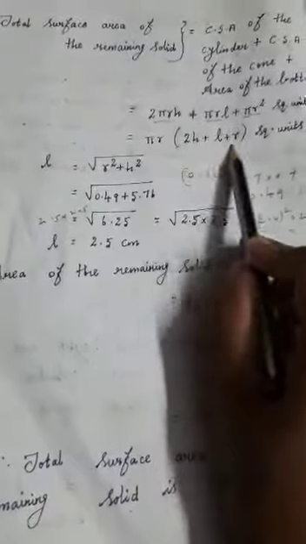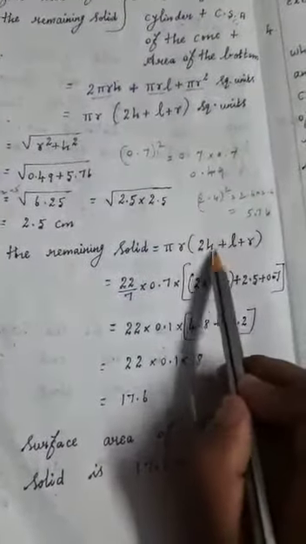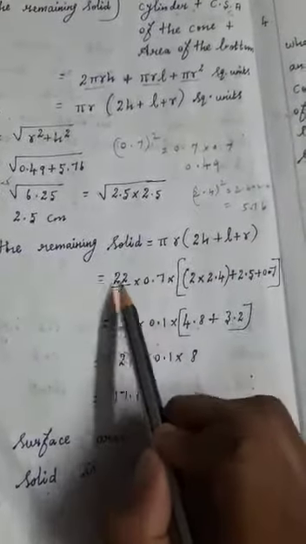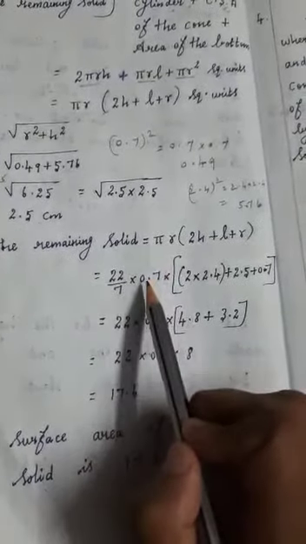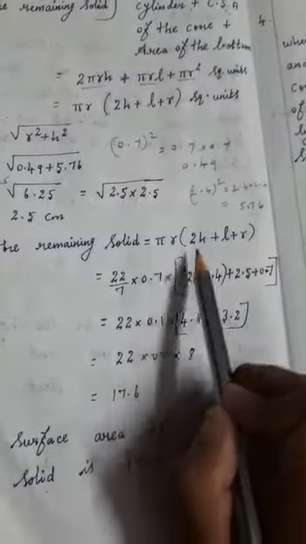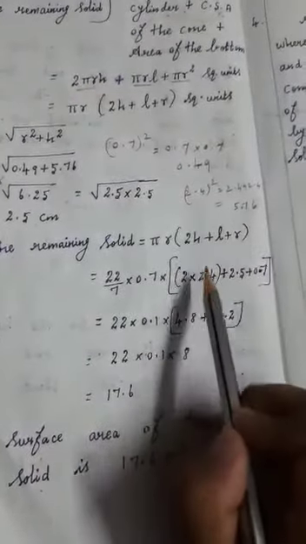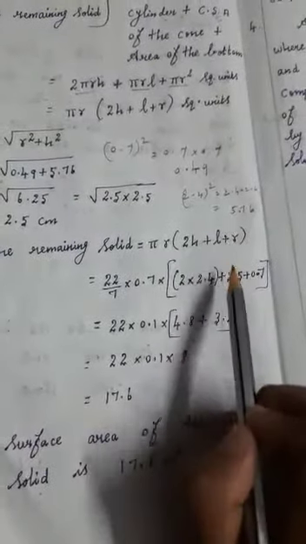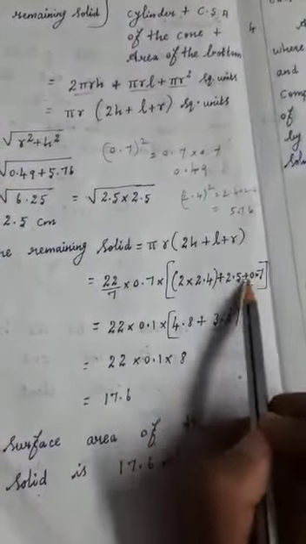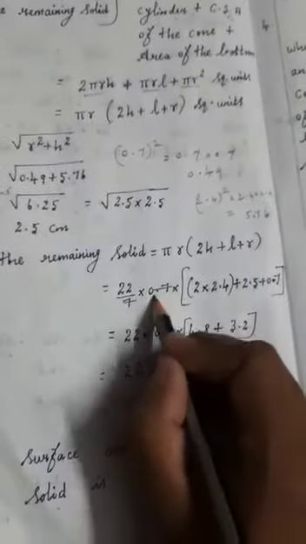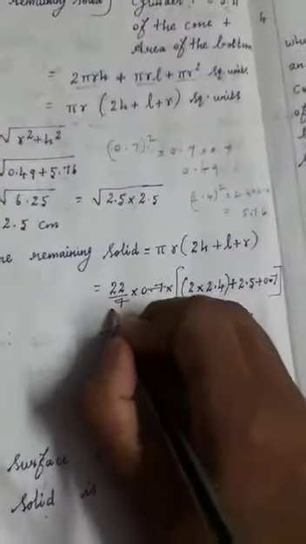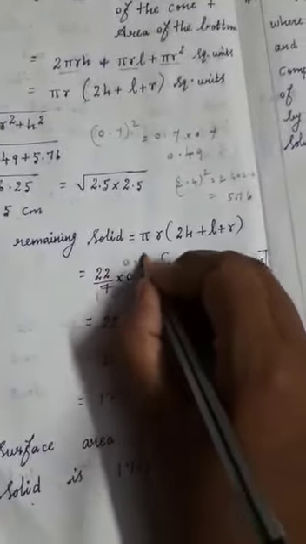So can you apply here? Area of the remaining solid, now we have got it: pi R into 2h plus L plus R. So pi value 22 by 7 into R value, you know that radius 0.7, into 2h, that means 2 into h value 2.4, plus L value 2.5, plus R value 0.7. Now 22, and here if you cancel, 7 and 7 you can cancel, but you have the point, 7 1 is 7, here 0.1 will come.